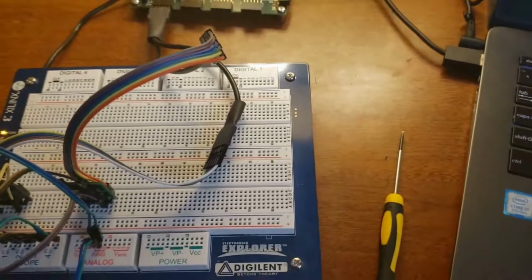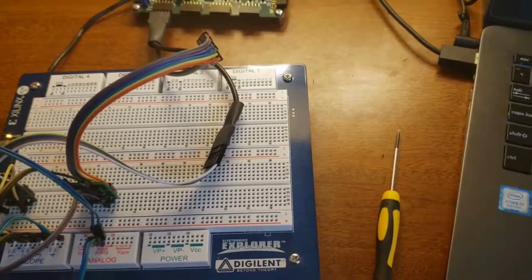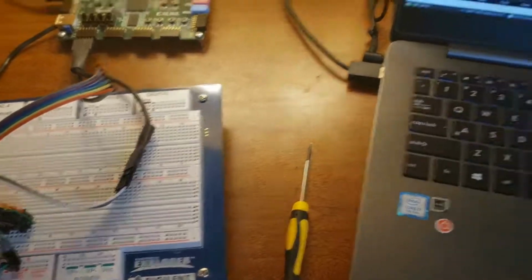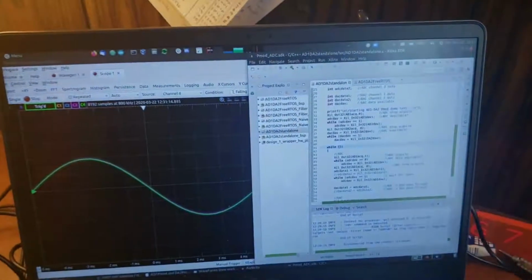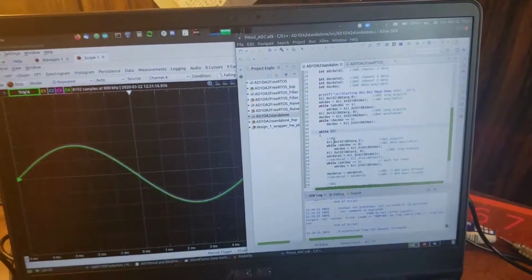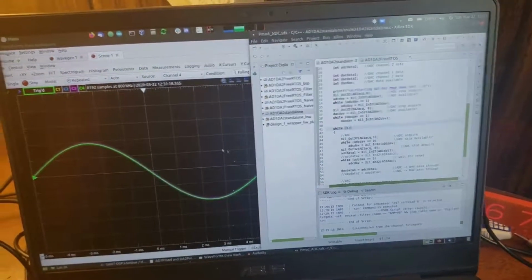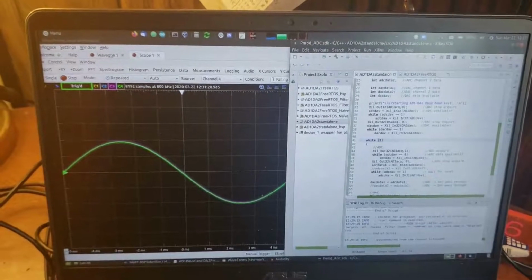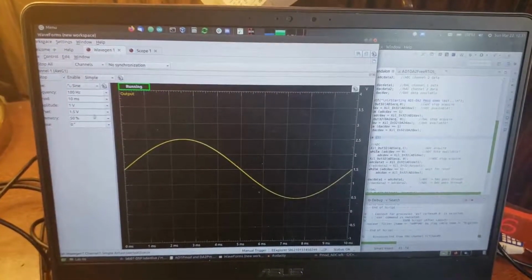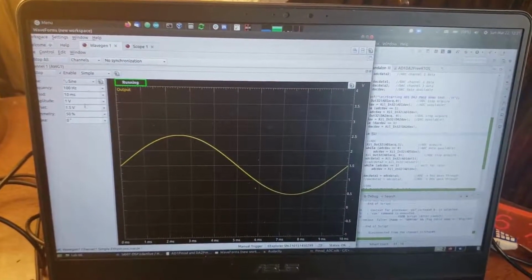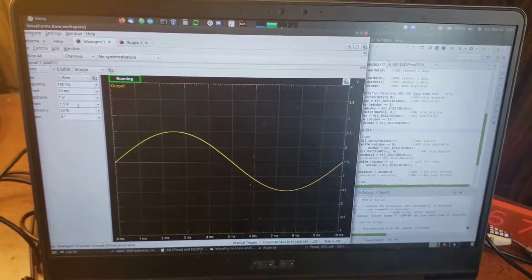Now, just to show that I'm running on the hardware, I've opened the SDK and waveforms. I'm generating a 100 Hertz waveform, which is offset by 1.5 volts.